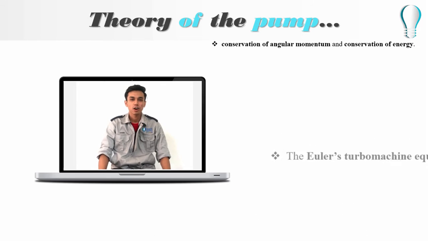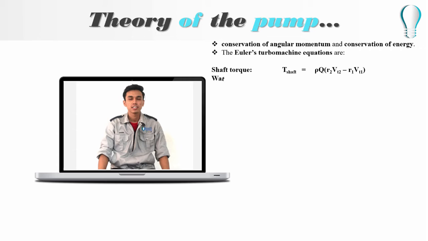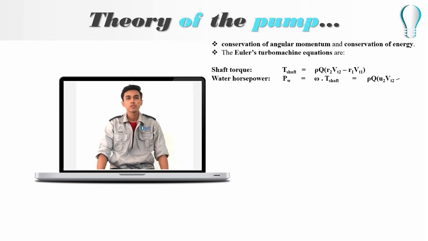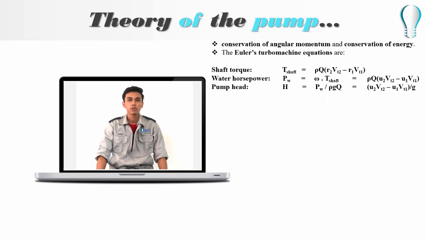For the left side of this slide, we can see the formula for the Euler turbomachine equation. So for the shaft torque, T shaft equals rho Q bracket R2 VT2 minus R1 VT1.